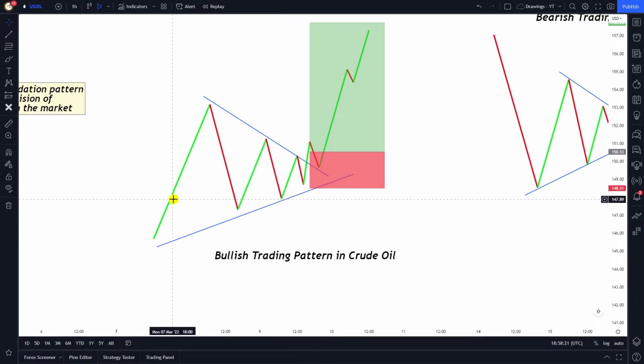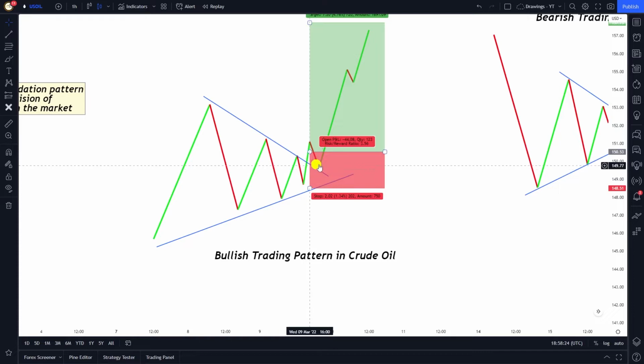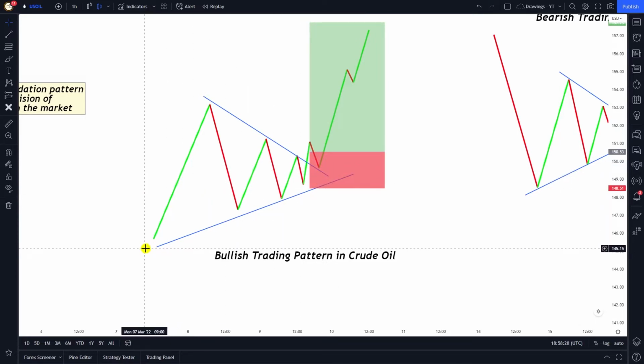By making that structure, the market will be moving toward a single area. Here we can see that this is the first swing, this is the second swing, and this is the third swing. So every next swing is smaller than the previous swing, and that's why we can draw these trend lines, this upper trend line and this lower trend line.